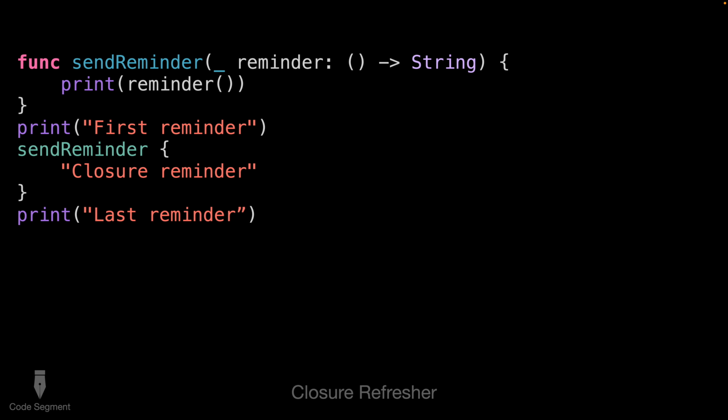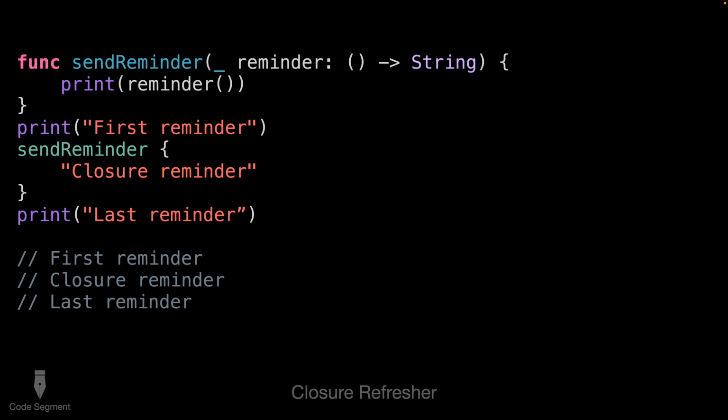So we're using 3 or 4 different shortcuts and syntactic sugar pieces here that Swift provides to make this much more readable than it would be otherwise. So this is going to print first reminder, then closure reminder, then last reminder, right? Wow, I got it right. That's a good thing. It would be really weird if I didn't.